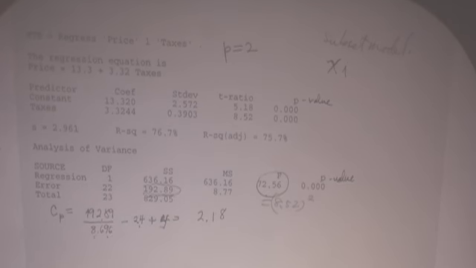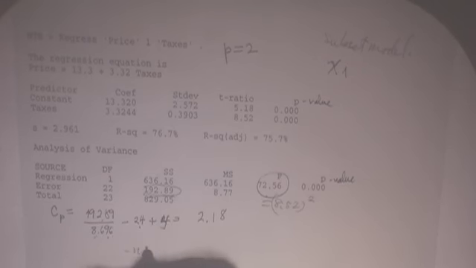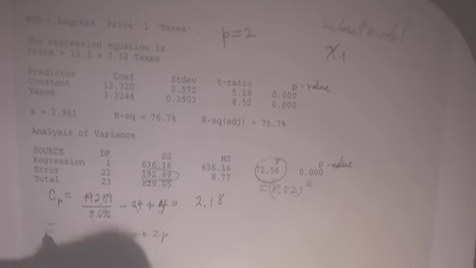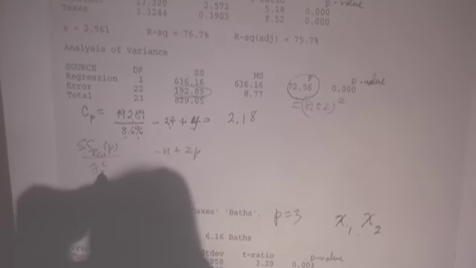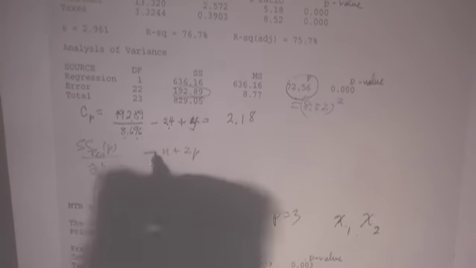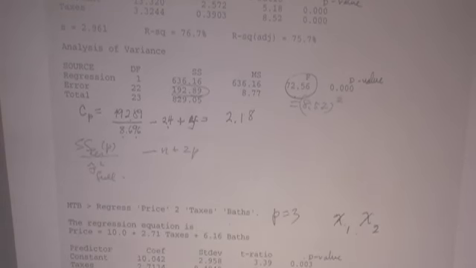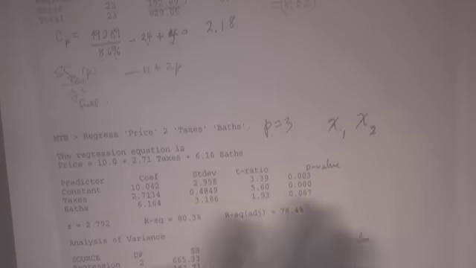Remember the formula? You can go back to it. So this is the minus n plus 2p, and this is SS res p over sigma hat squared full. Minus n plus 2p, that's what it is. All right, and that comes out to 2.18. Well, that's a lot smaller than 10. Okay, let's go to p equals 3 to see what happens there.